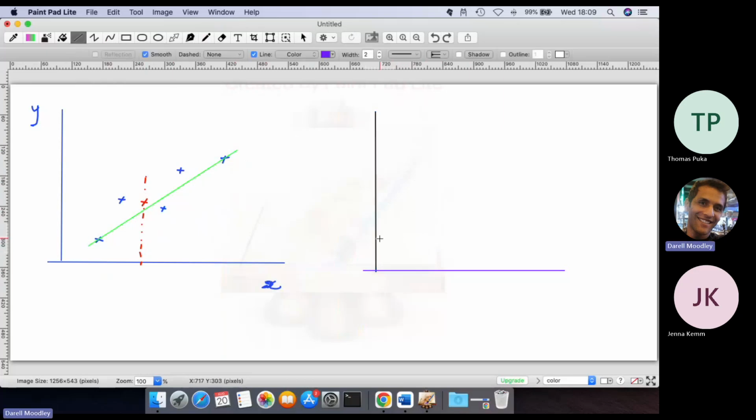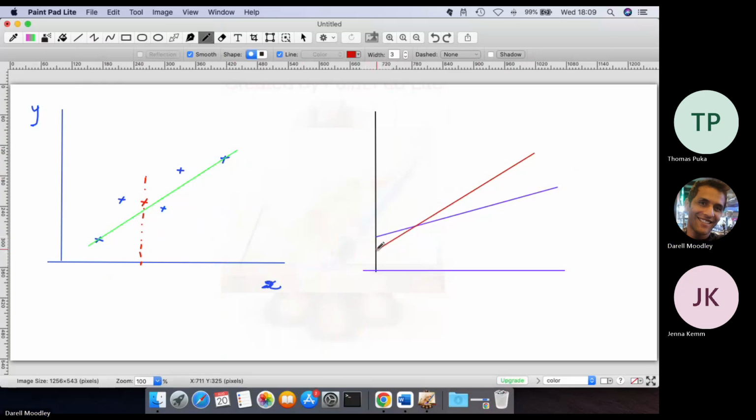This line would look like this. And then I've got another line that would look like this. Now, what makes these lines different is two characteristics: where they cut the y-axis here, and how steep the slope is, or the gradient.